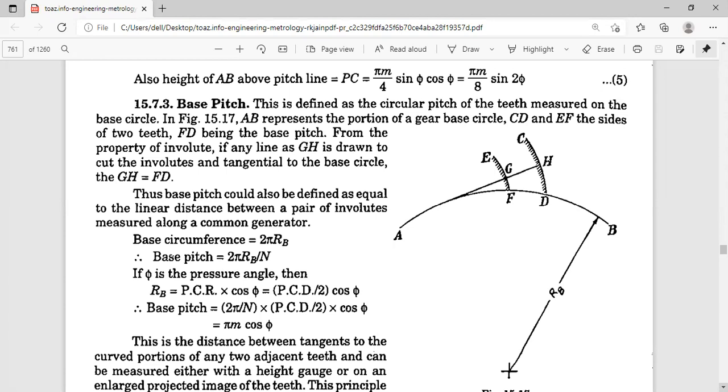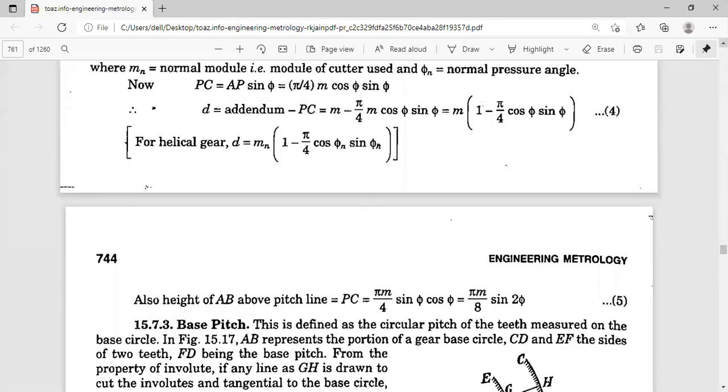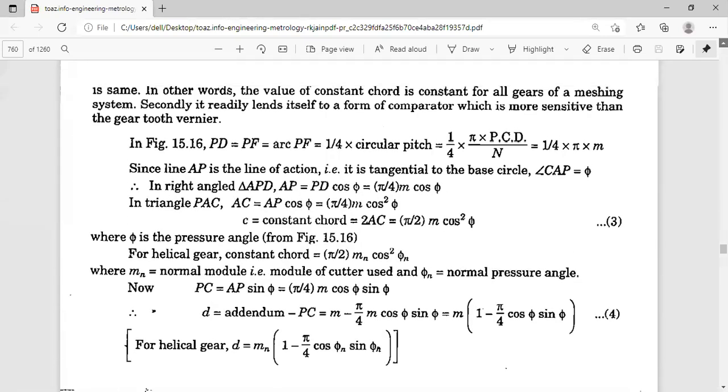So whenever you have to practice these particular figures, my dear friends, because we only have 4 minutes, we cannot discuss the base pitch now. So just have a look again at this constant chord method.